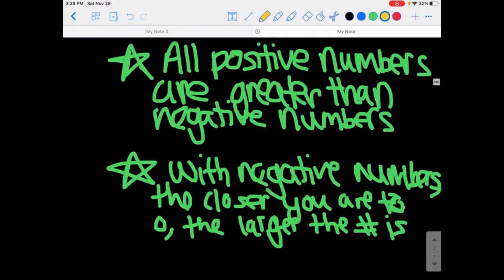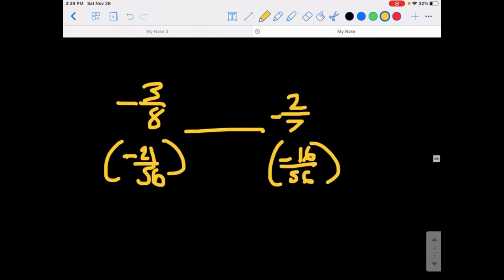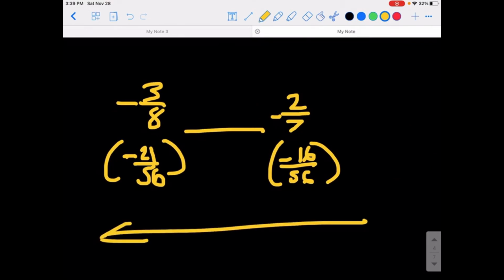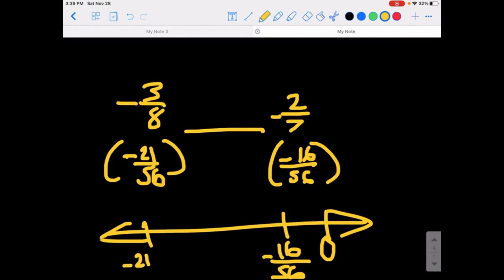Now, it is important to think about the rule I said: with negative numbers, the closer you are to 0, the larger the number is. So if you think about a number line, this is 0. Right over here is negative 16 over 56, and right over here, negative 21 over 56.